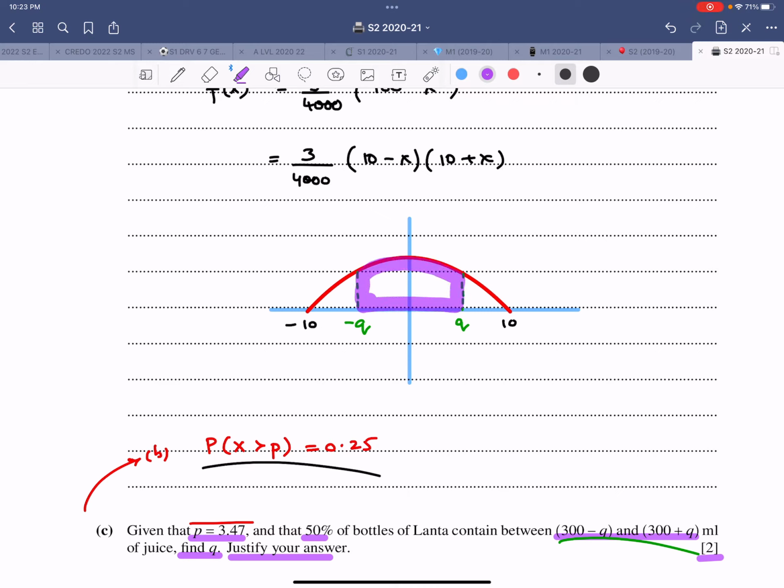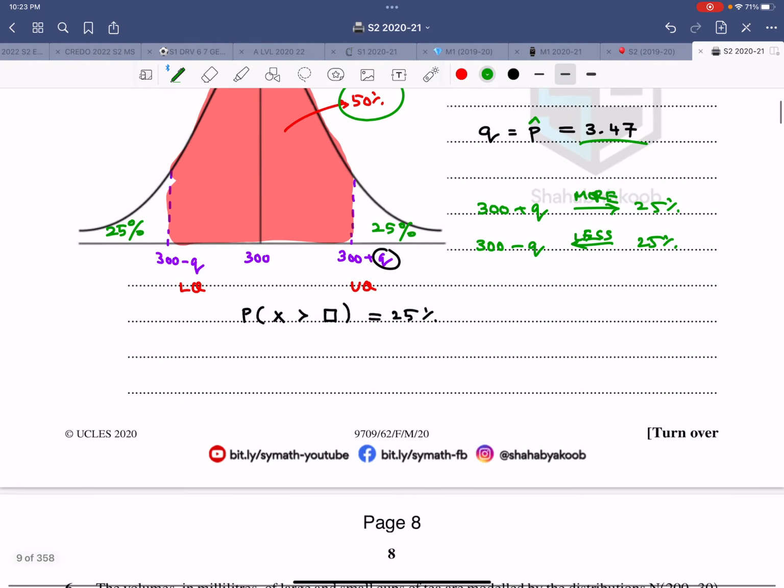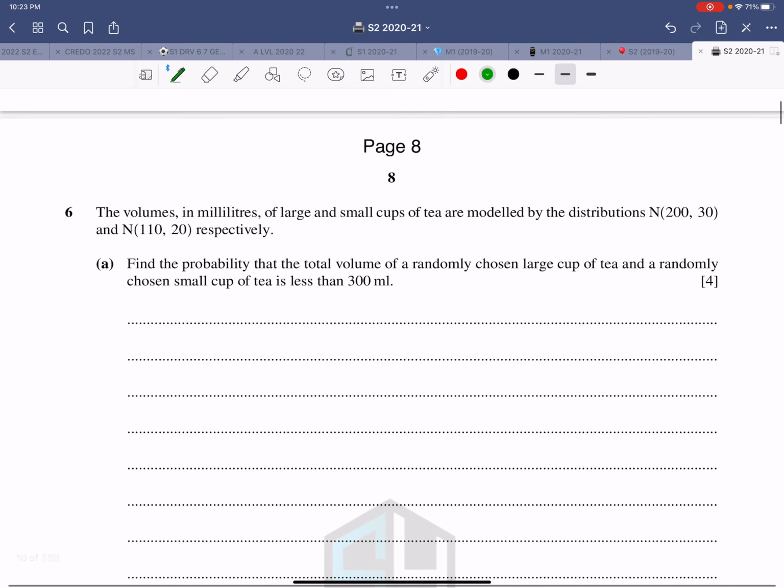So the same concept which I explained by using a normal distribution curve, I am using on this curve. So now this is 50% of the distribution. This corner is 25% of the distribution. This corner is 25% of the distribution. So greater than q is 25%. Therefore q is the same thing as p. So this thing is done. Now let's move to the next question.